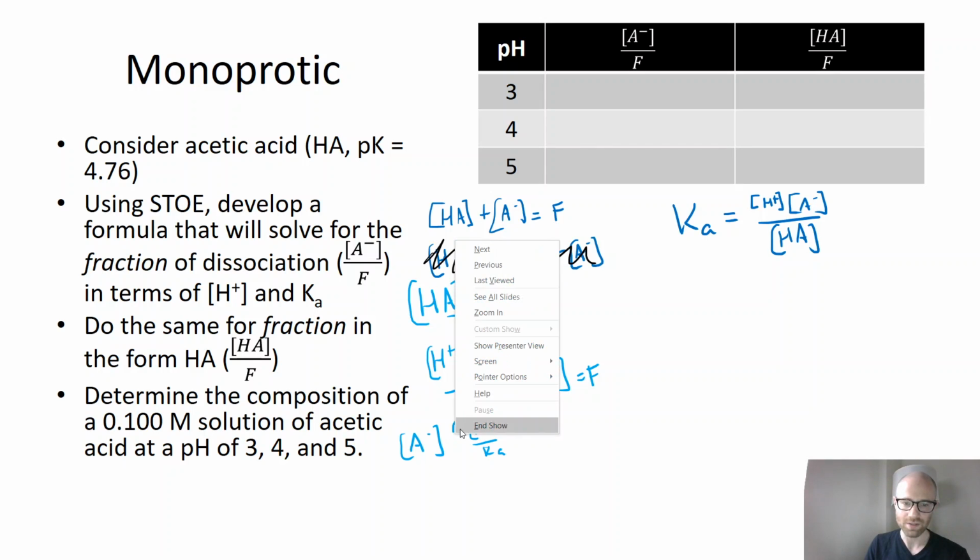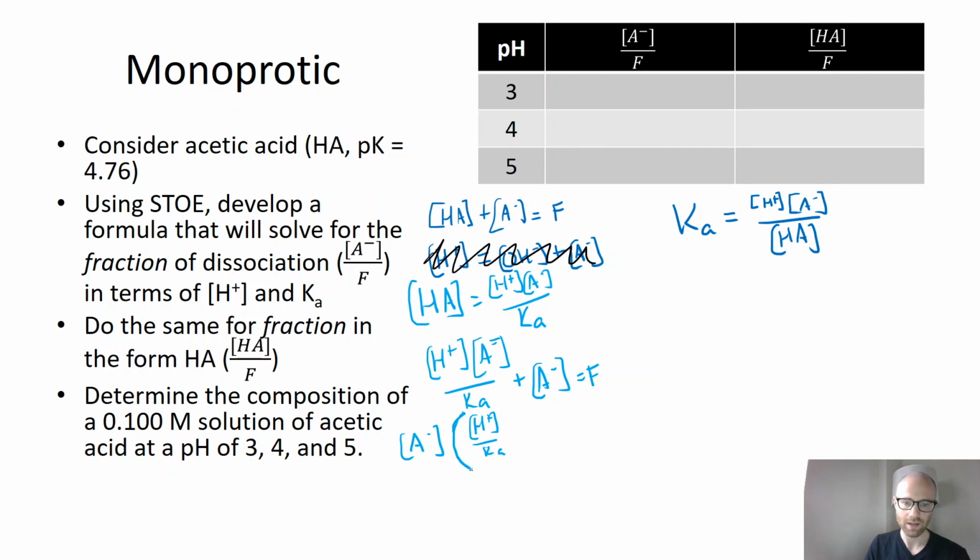We want this to be parentheses plus 1 equals F. If we divide this over, and I'm going to take the fraction that's there and put it all together so that it's not so messy, we're going to end up with H plus Ka over Ka equals F over A minus.